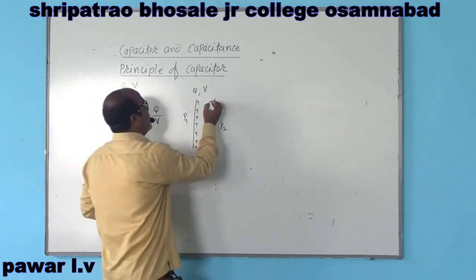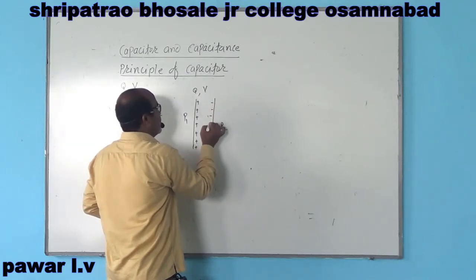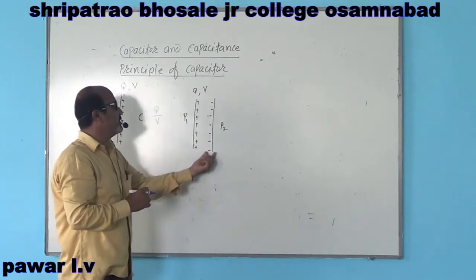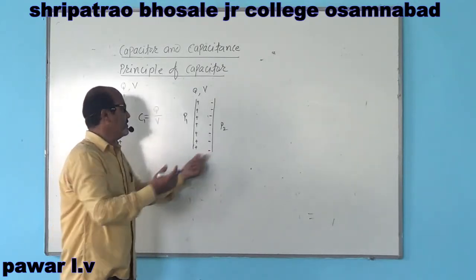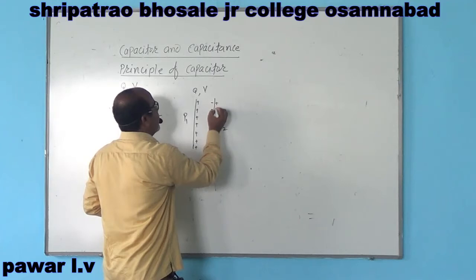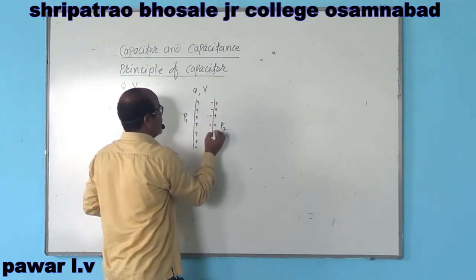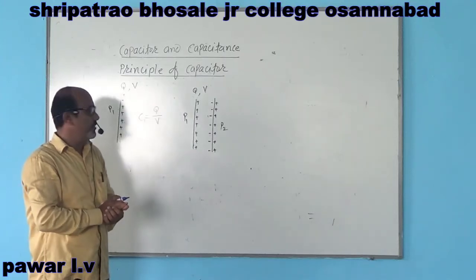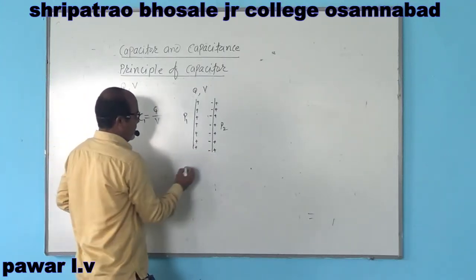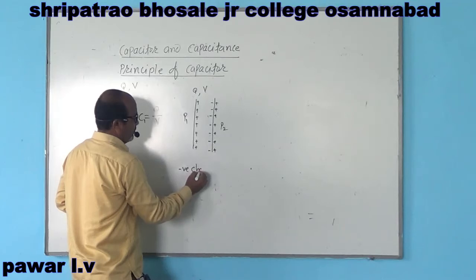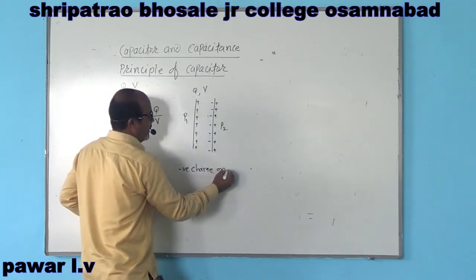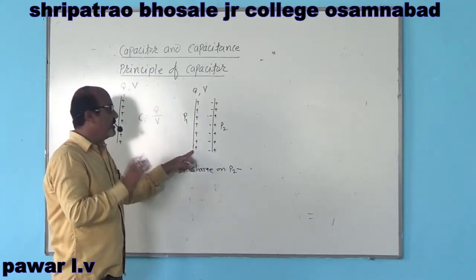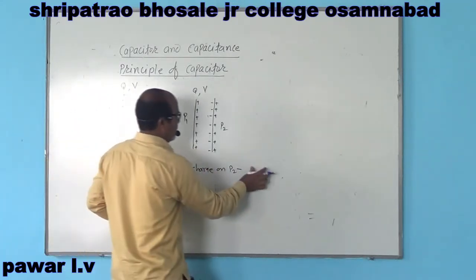As electrons are attracted towards and collected on the inner surface of this plate, as an effect of this, a positive charge will be induced on its opposite side, like this. This negative charge on plate P2 reduces the electric potential of P1.